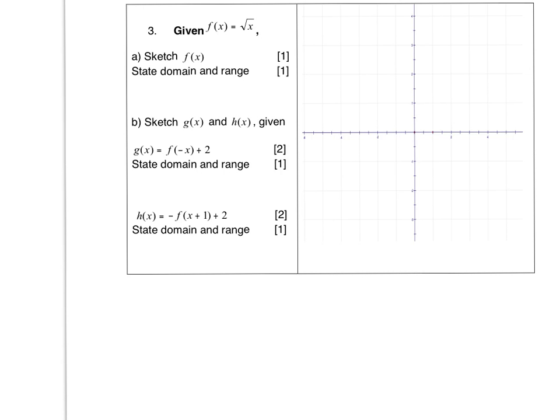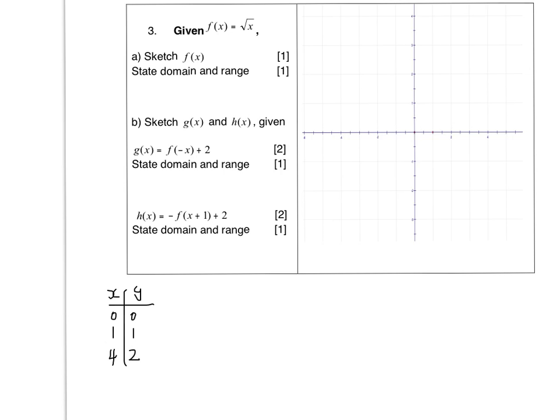The next question says if f of x is square root of x, first sketch it, then find the domain and range. So to sketch the first graph, which is the base function, I'm going to use a table of values x, y. I'm going to say when x is 0, square root of 0 is 0. When x is 1, square root of 1 is 1. When x is 4, square root of 4 is 2.